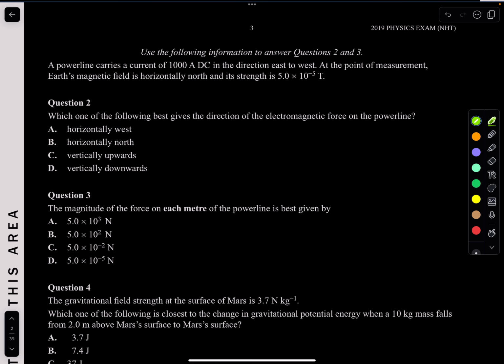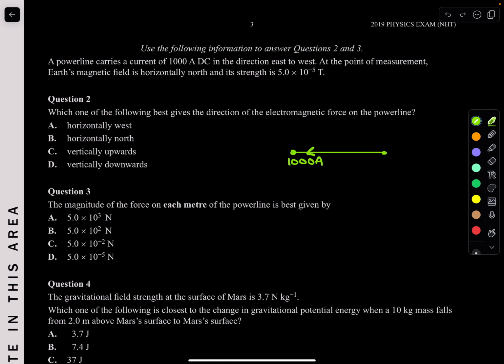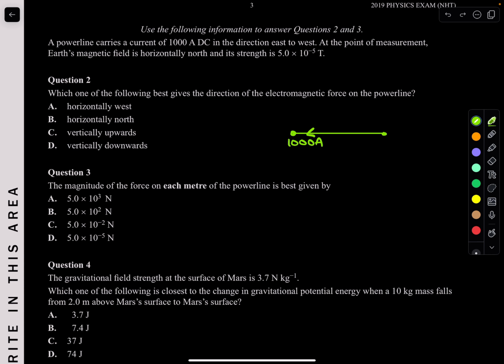So a power line carries a current of 1000 amps DC in the direction east to west. So east to west, and it's carrying 1000 amps. At the point of the measurement, Earth's magnetic field is horizontally north. So we want to draw it like this.